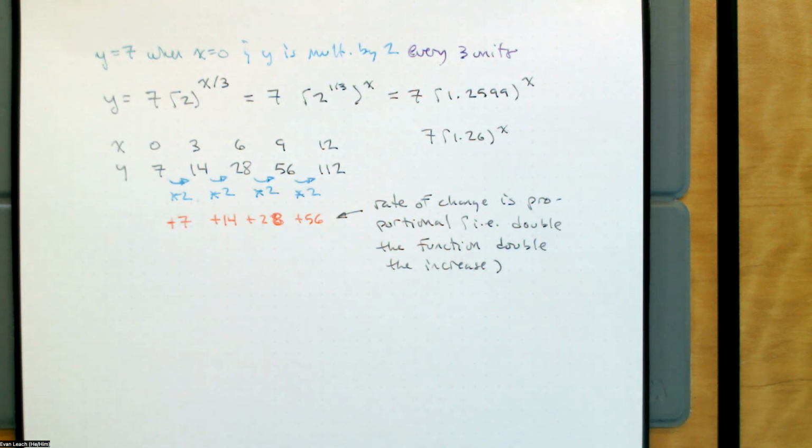When your investment has doubled, it is growing twice as fast as it was when you started out. That might still be slow. I don't know. So in an exponential function, the rate of change is proportional to the function. Any questions? Comments?